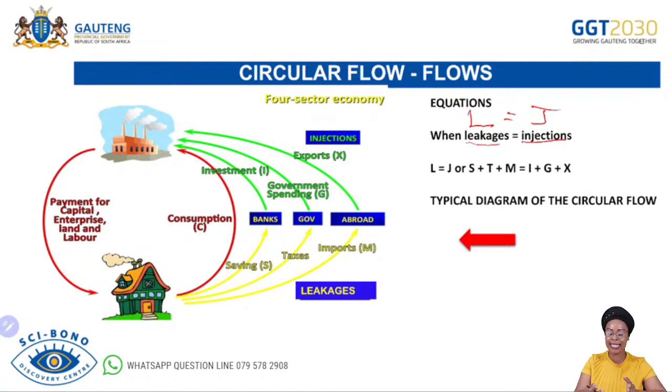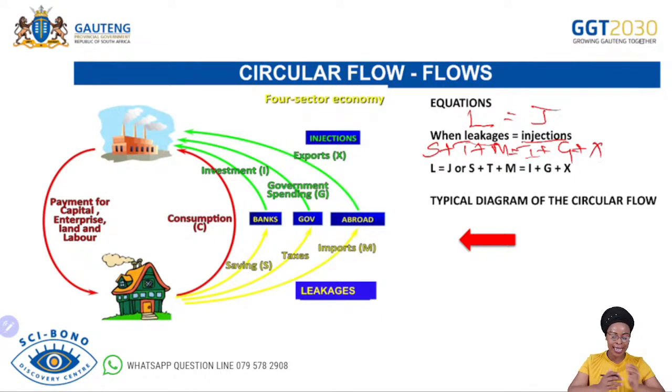So what is L? L equals S for saving, plus T for taxes, plus imports, which will be represented by the letter M. Then injections, J, will be represented by I for investment, plus G for government spending, plus exports, X.